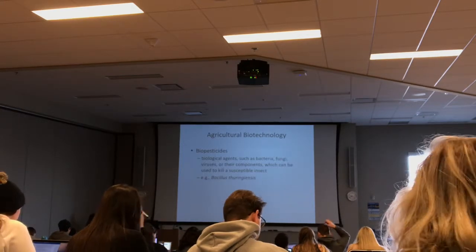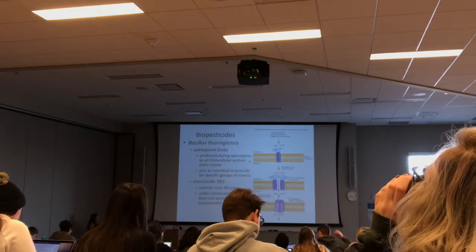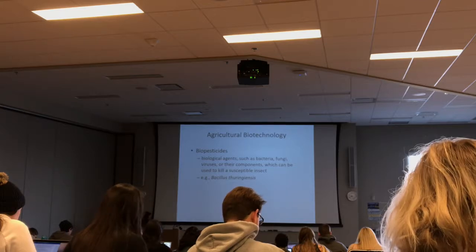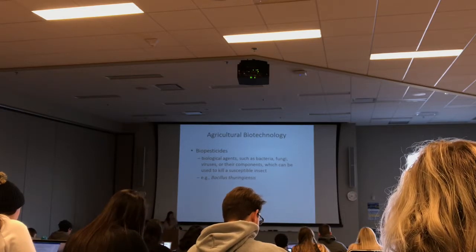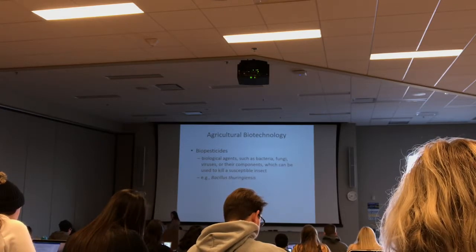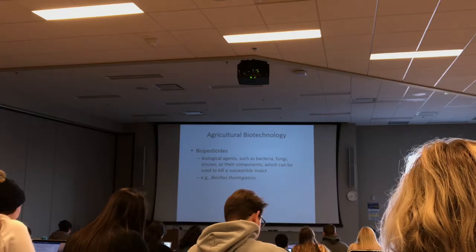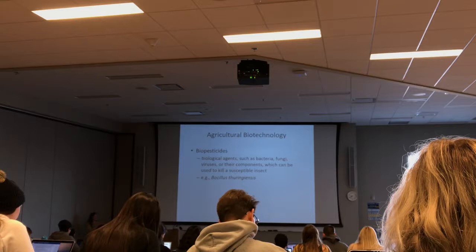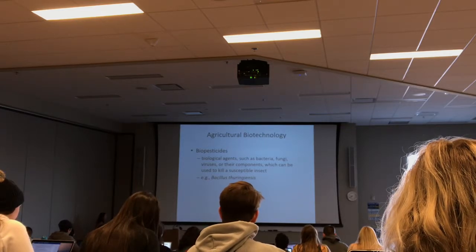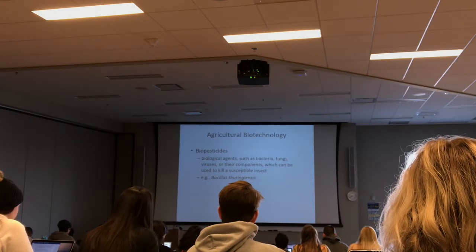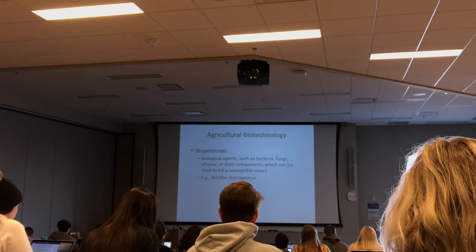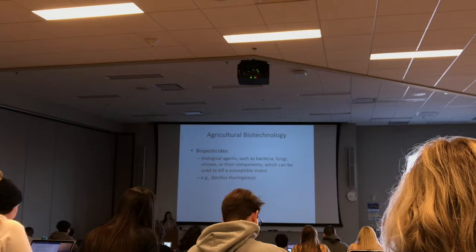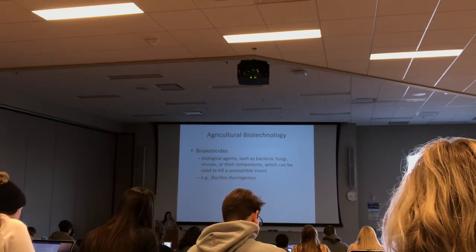All right, then we talked about Bacillus thuringiensis, Bt toxin. For Bt toxin, you should know the organism that it comes from, Bacillus thuringiensis. What is Bt toxin used for? It's a pesticide, right? So it affects what?